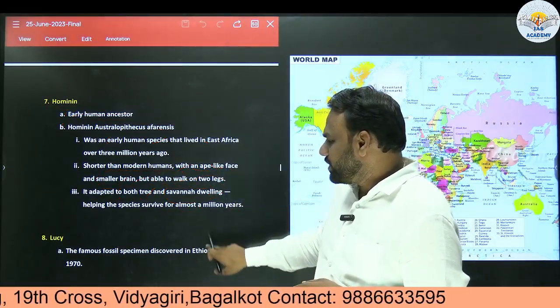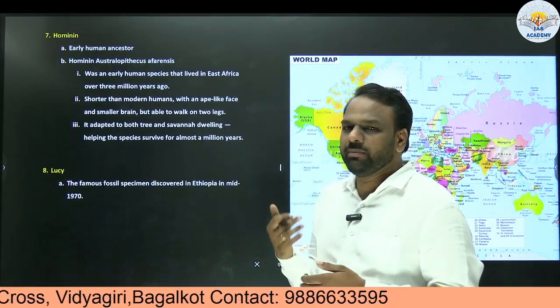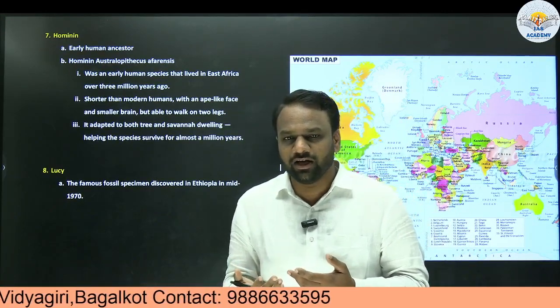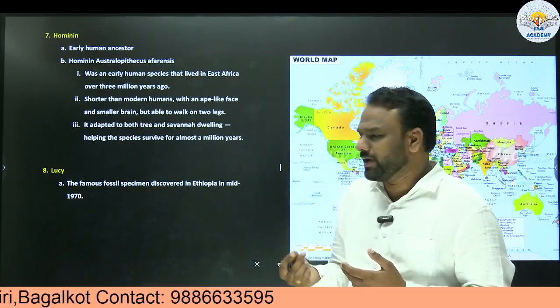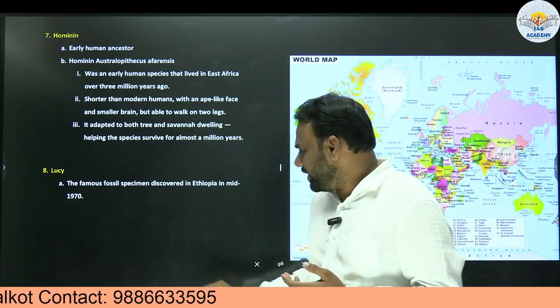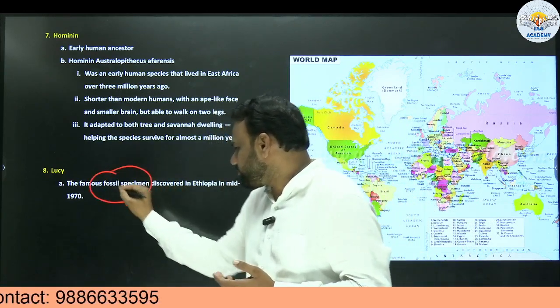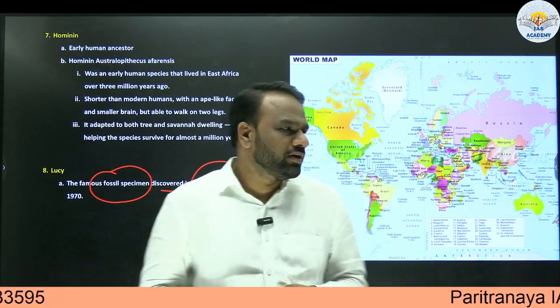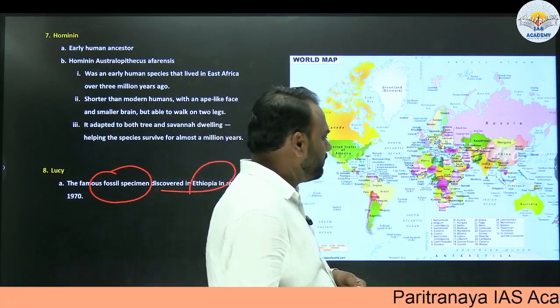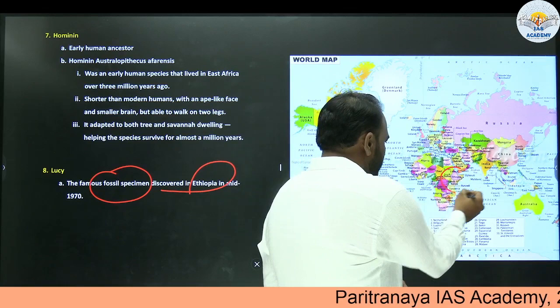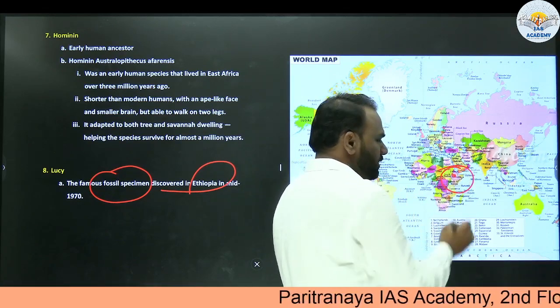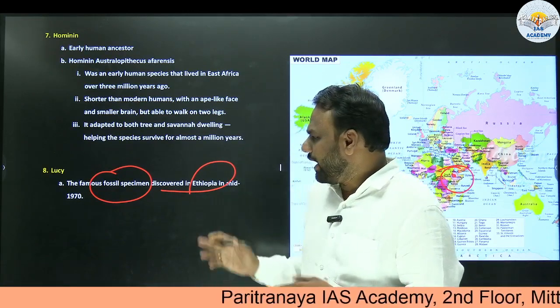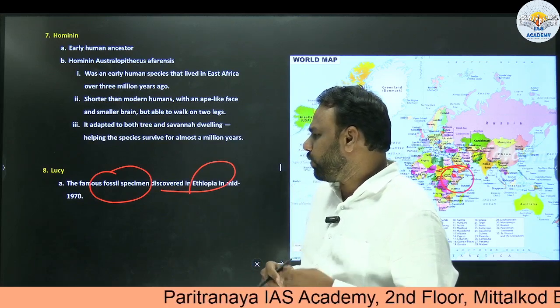Next, Lucy. So what is Lucy? A question may be framed like this: in the recent newspaper, the term Lucy appeared, so what is this Lucy? Lucy is a famous fossil specimen discovered in Ethiopia. So where is Ethiopia located here? Ethiopia is located here. Again, the maximum question that they may ask is, what is Lucy?